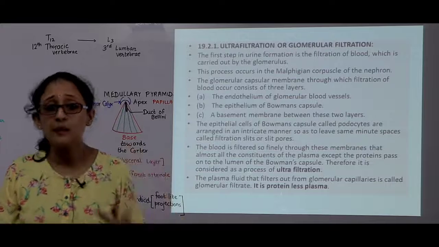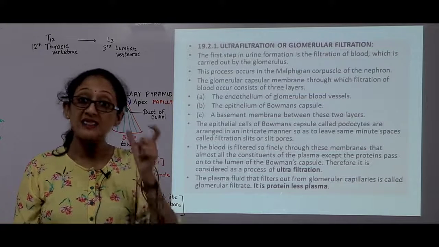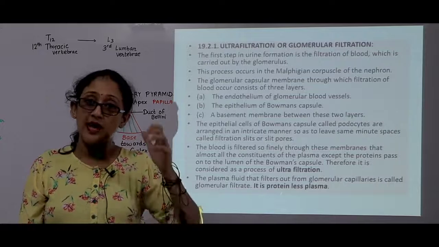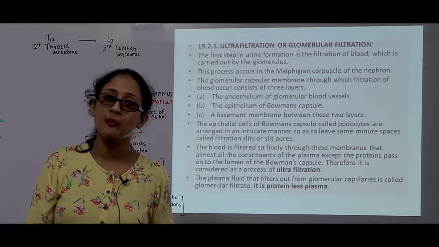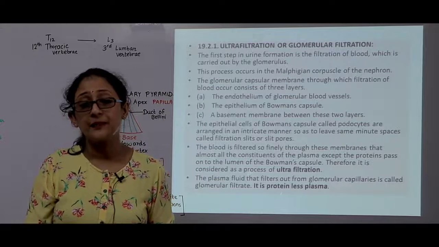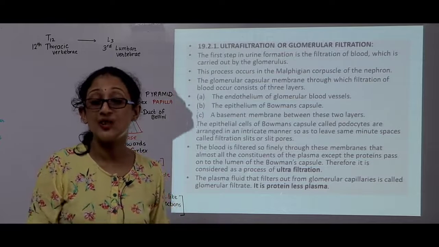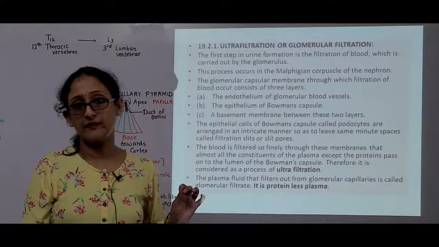Yes, but in plasma, plasma proteins are large in size, so even plasma proteins cannot pass through these filtration membranes. So the fluid that actually filters is called deproteinized plasma or primary urine.